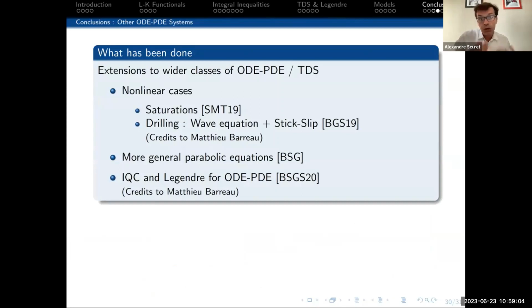Using this Legendre framework, we were able to consider initial conditions that are polynomial, so that the basin of attraction is composed of polynomial functions, let's say.